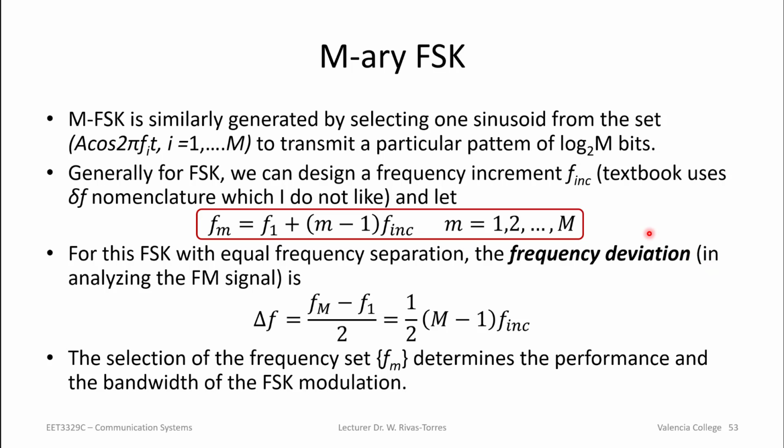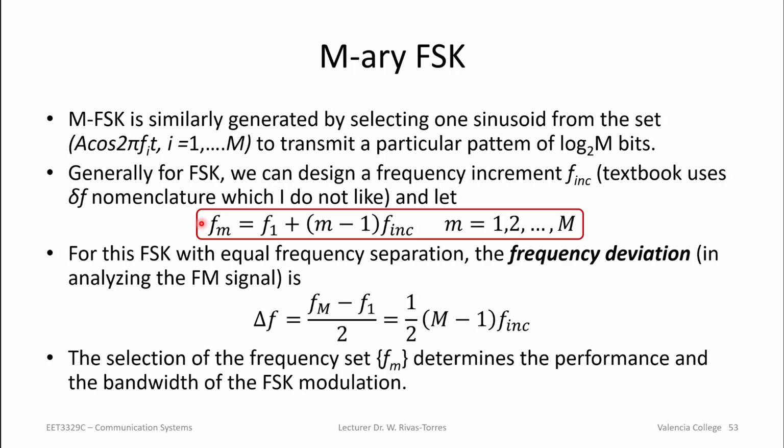I'm going to use the nomenclature F underscore INC for F increment. The book uses this delta F. I do not like it, so I got rid of it. I feel that it's a little bit clearer using F increment. I can't use delta F because delta F obviously we already use in FM, and we want to keep the same definition so we don't write as much as possible, right?